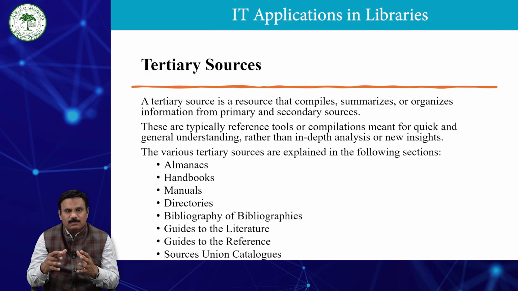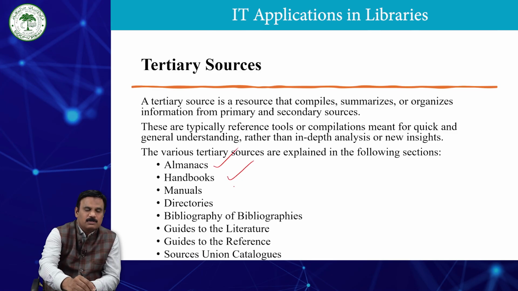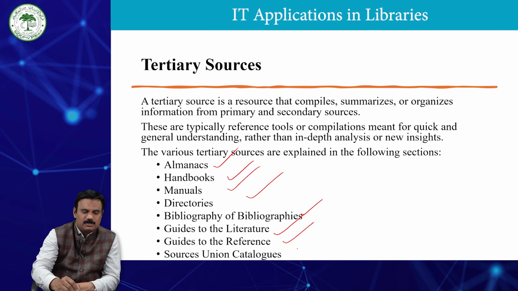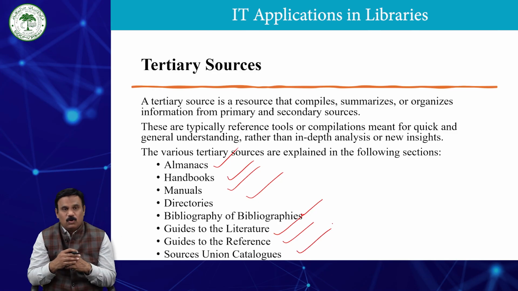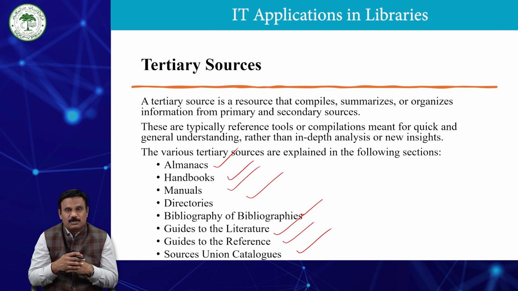Dear learners, now let us see some examples of tertiary sources. Almanacs, handbooks, manuals, directories, bibliography of bibliographies, guide to literature, guides to references, sources of union catalogs. These are some examples of tertiary sources.